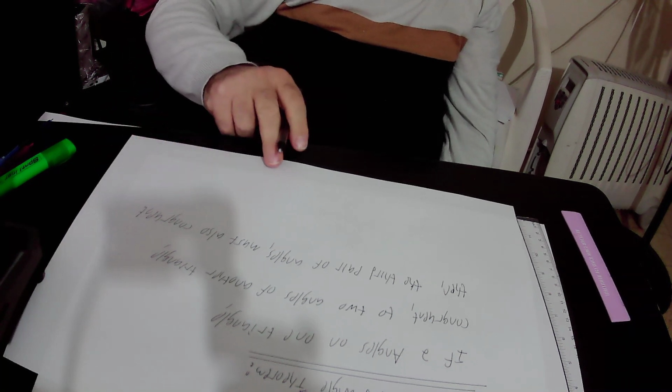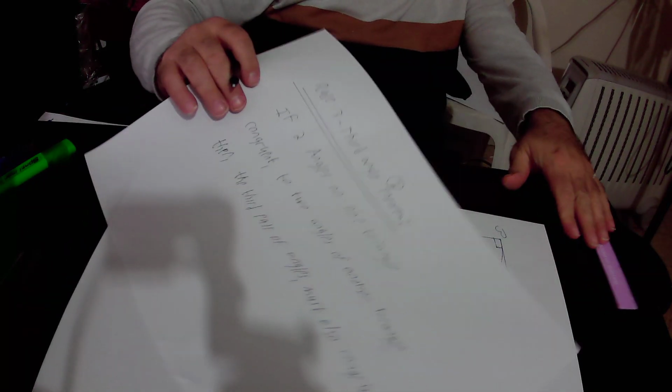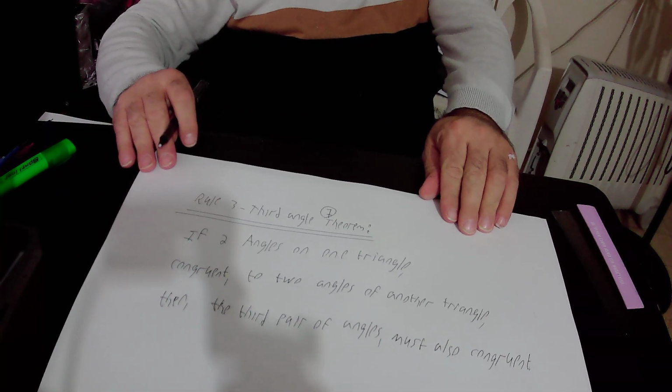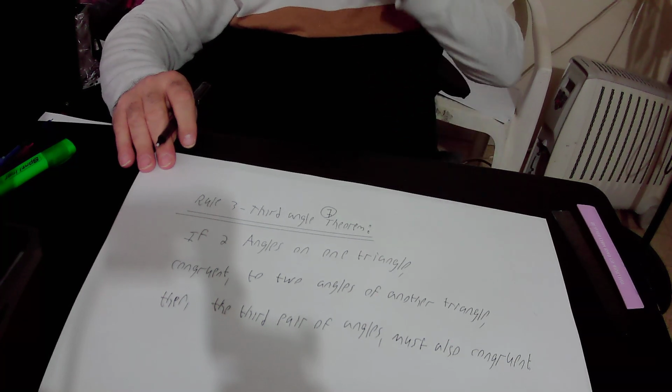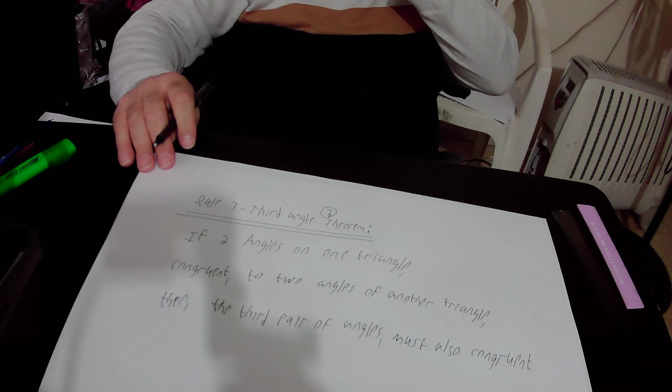So I will read rule number 3 of the third angle theorem again. According to the third angle theorem, if two angles of one triangle are congruent to two angles of another triangle, then the third pair of angles must also be congruent.